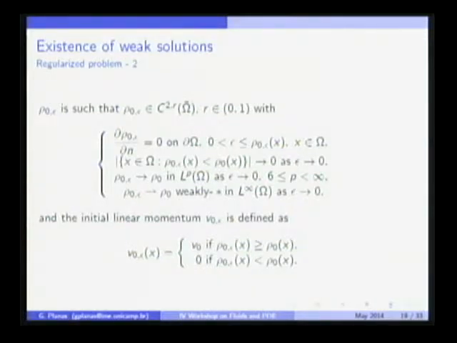The measure of this set goes to 0 as epsilon goes to 0, and we have, of course, strong convergence in LP and weak-star convergence in L infinity. The initial momentum is also regularized in this way: B0 is where rho 0 epsilon is greater or equal to rho 0, and 0 in the other case. When epsilon goes to 0, the measure of this set goes to 0. So in fact, rho 0 epsilon converges to B0.